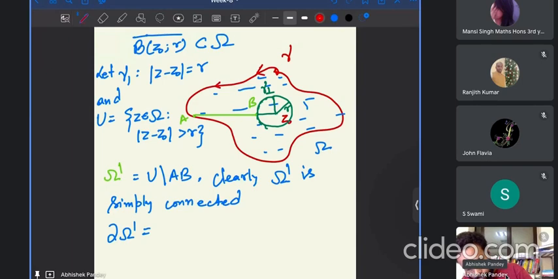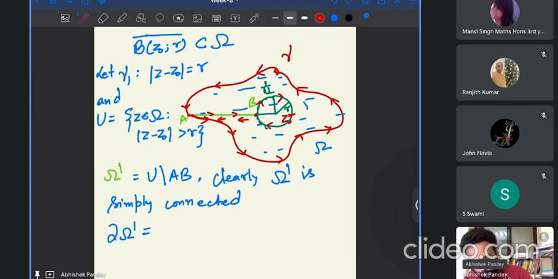Now from this point it will come here, and again it will go to B. So from A it will go to B, then from B it will go around gamma 1, and again it will trace back from B to A here, and then again it will go like this. So I hope it is clear.